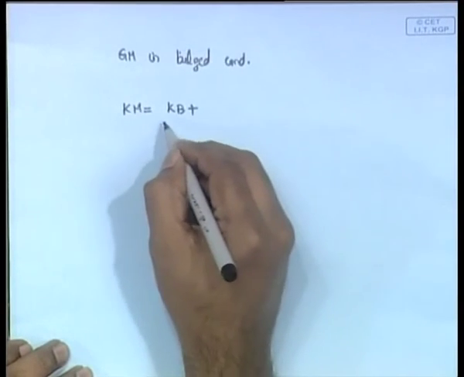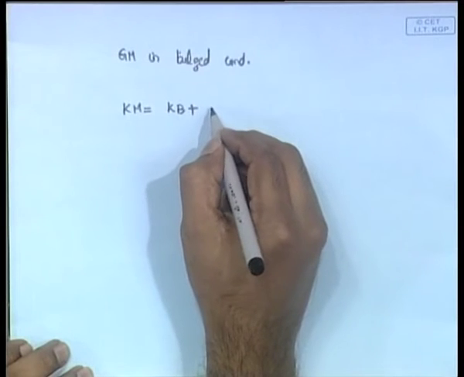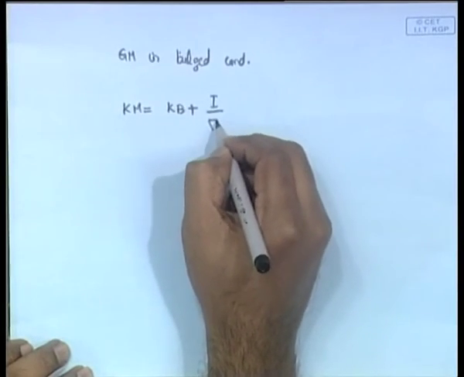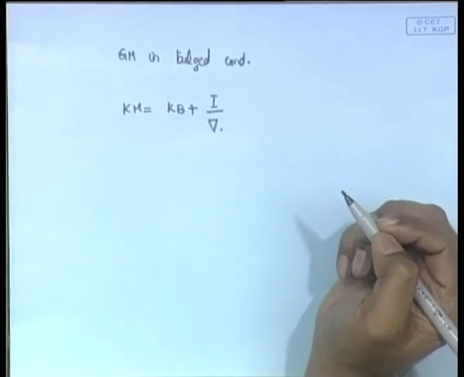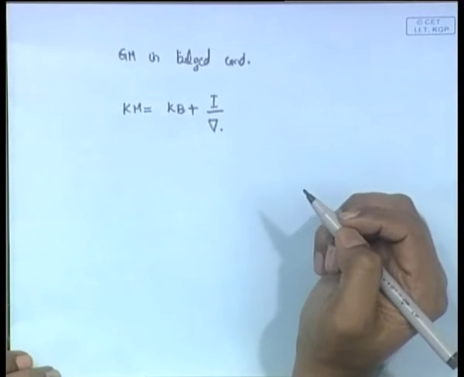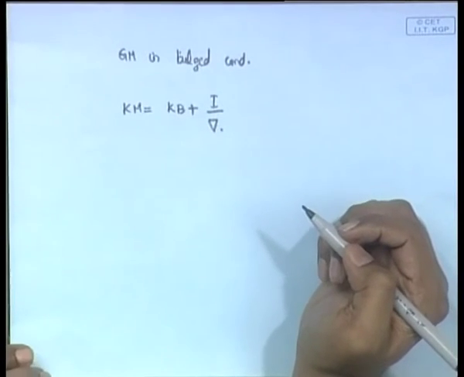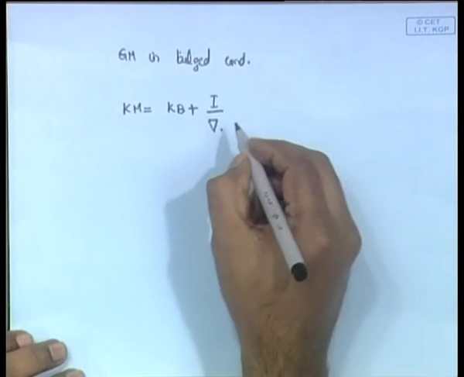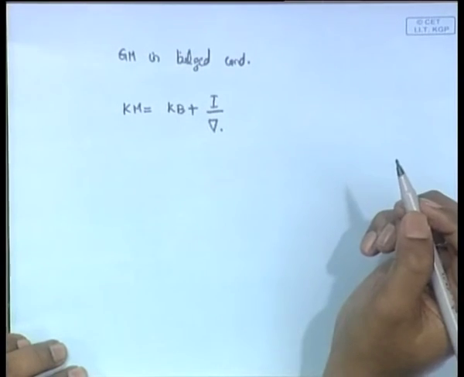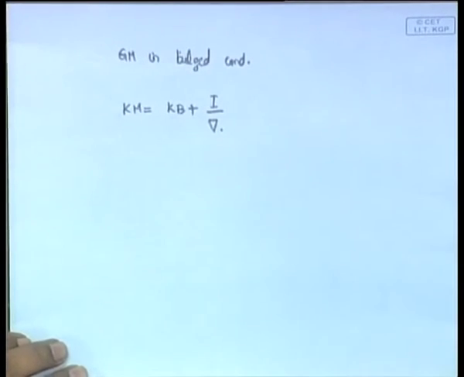But if you do it this way, Km is equal to Kb plus Bm, which is I by del. Therefore, the question is what is I, and del in this case. Are we following loss of buoyancy or added weight?